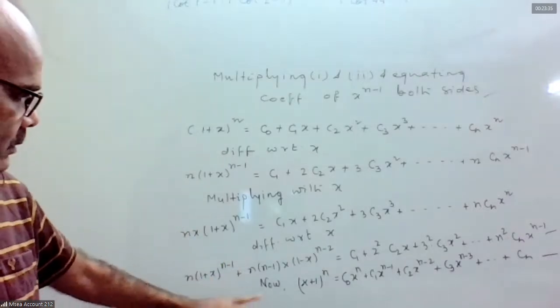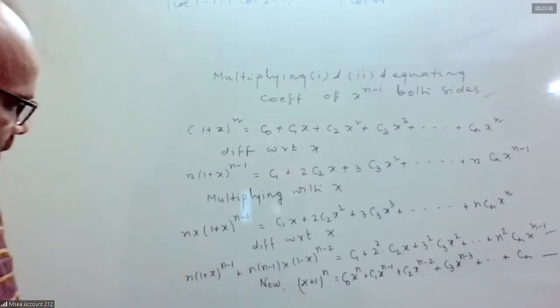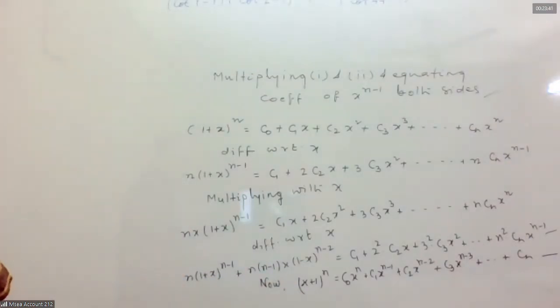And on the LHS, you have to multiply this and take the coefficient of x to the power n minus 1.